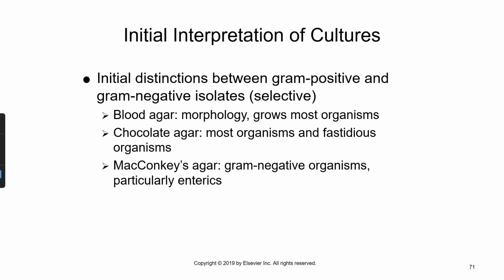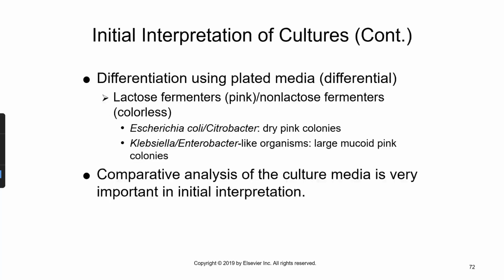MacConkey's agar, gram-negative organisms, particularly enterics. So MacConkey does select against the growth of gram-positive organisms. Differentiation using plated media. So lactose fermenters would be pink, non-lactose fermenters would be colorless.